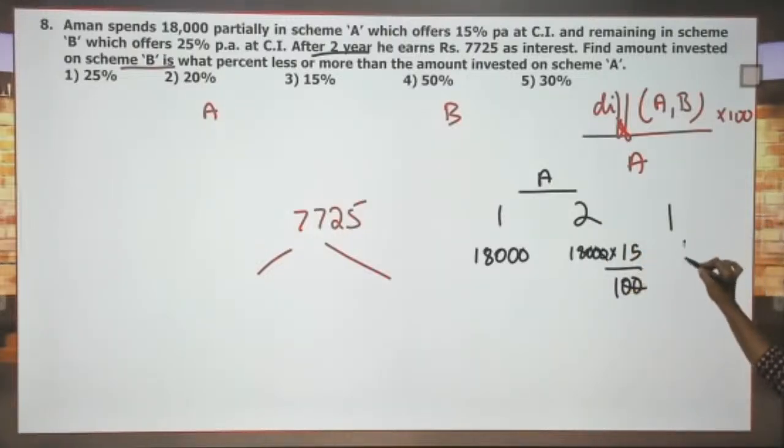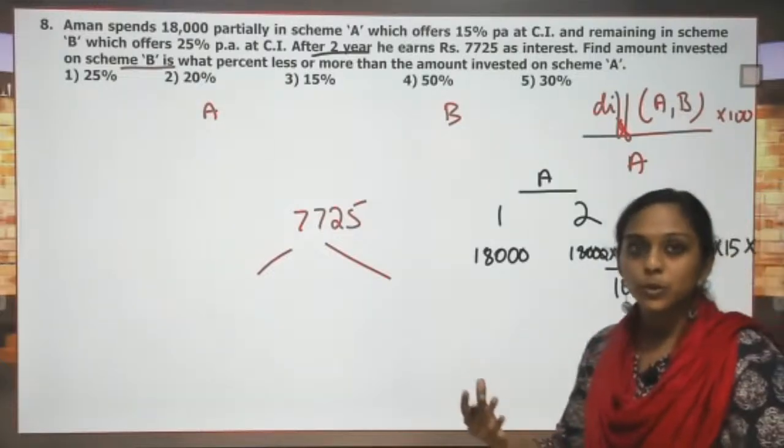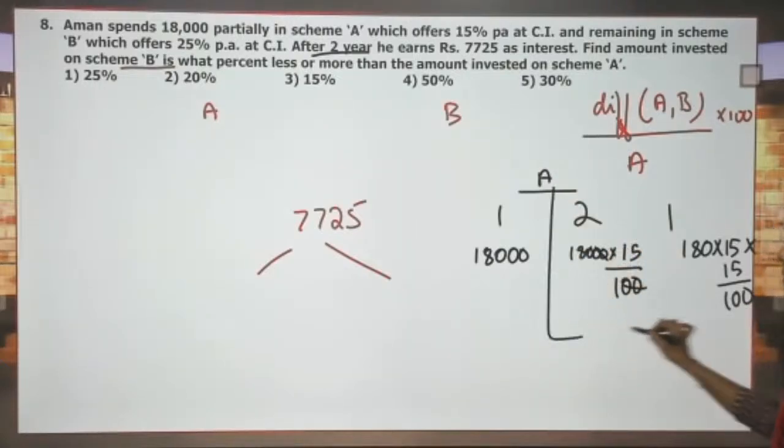Next is 180 into 15 into 15%. Those who have watched the video on compound interest will know what this is. This will give you the compound interest.